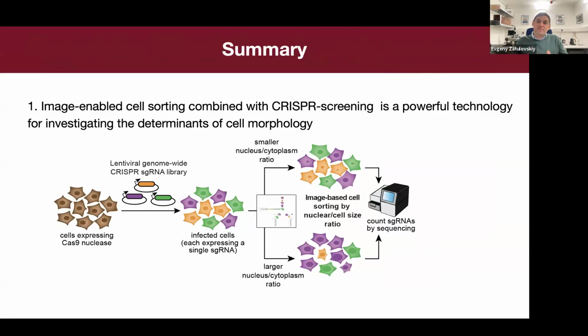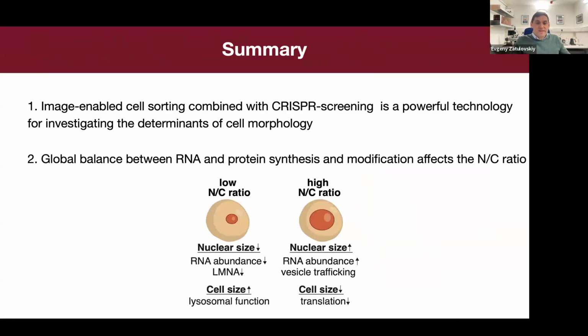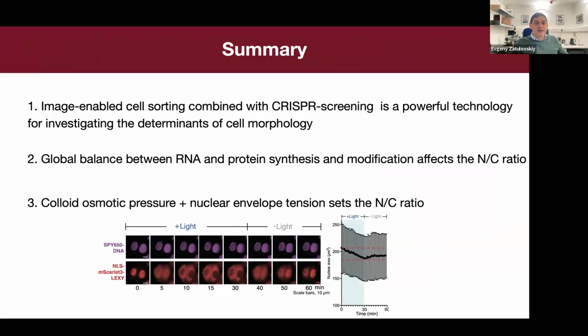So to summarize, first of all, I have shown you that image-enabled cell sorting combined with CRISPR technology is a very powerful tool for investigating different determinants of cell morphology, and probably you can use it for many things beyond that as well. Second, I've shown that global balance between RNA and protein synthesis and modification affects the NC ratio in human cells. And this colloid osmotic pressure plus nuclear envelope tension sets the NC ratio in HeLa cells.